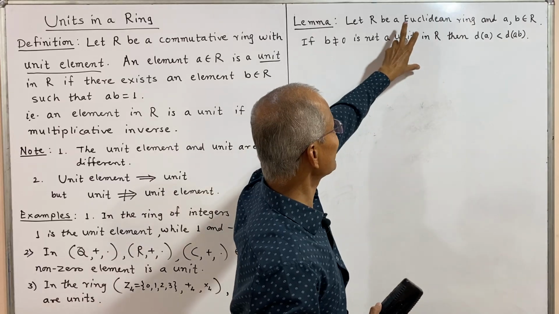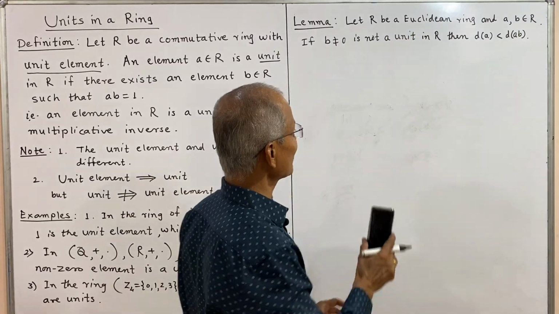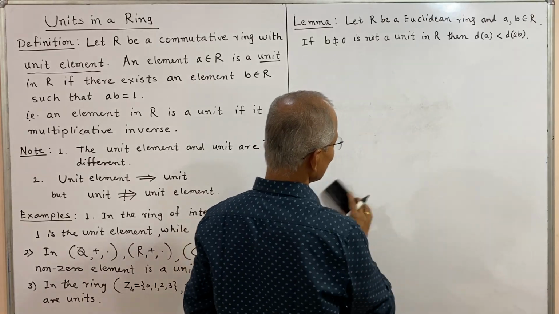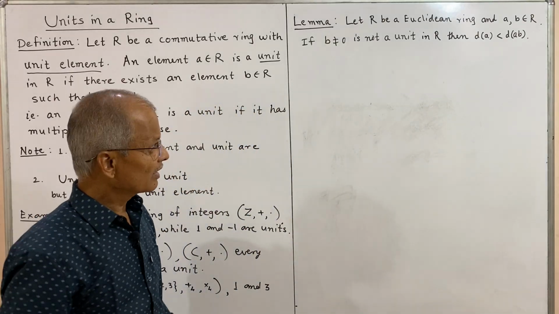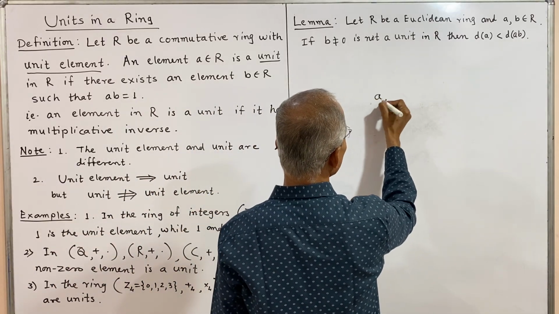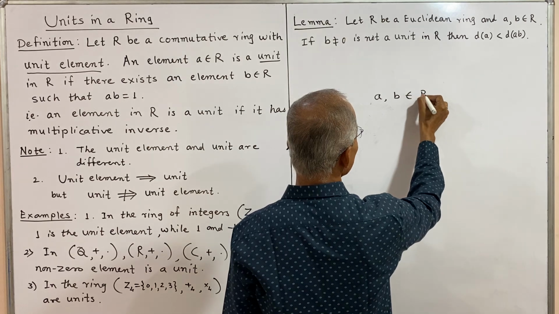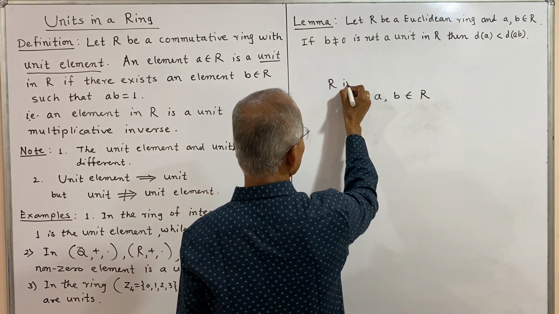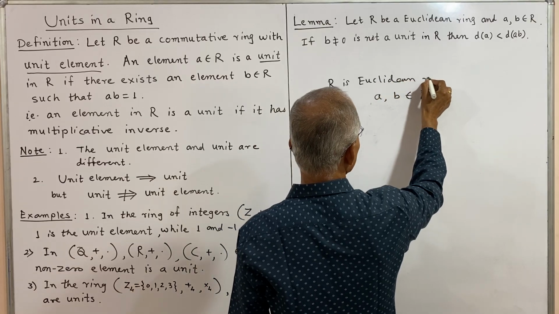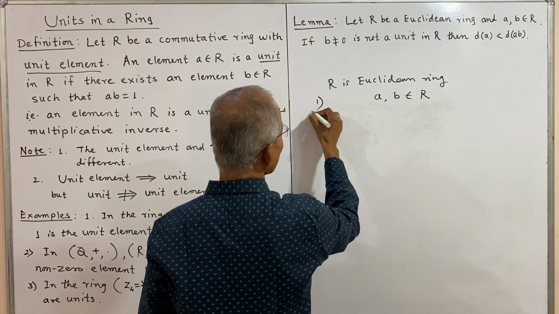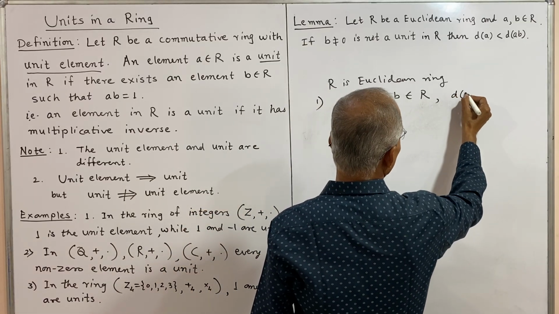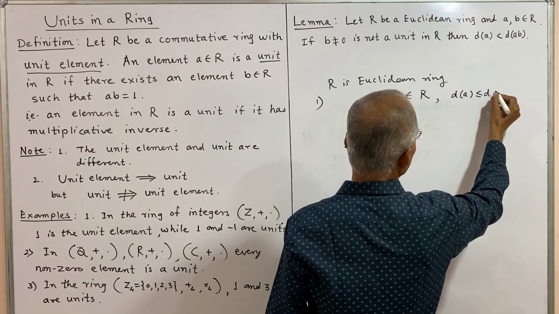We have defined earlier what is the meaning of Euclidean ring. The definition has two conditions. R is a Euclidean ring if for non-zero elements A, B belonging to R, there are two conditions. First, for non-zero elements A, B belonging to R, the D value of A is less than or equal to the D value of AB.